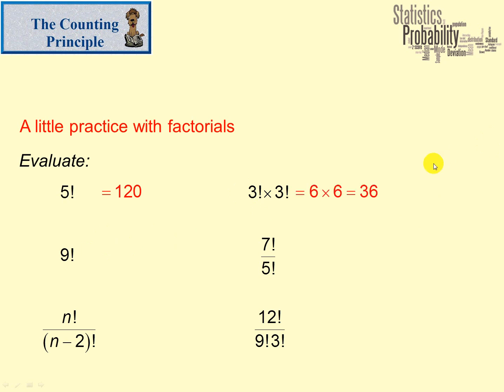That is 6 times 6, 36. What do we notice? This is considerably larger than that one. Some might think that this becomes 9 factorial, 3 factorial times 3 factorial, but they are not equal to one another. So the principle is you cannot multiply factorials together.